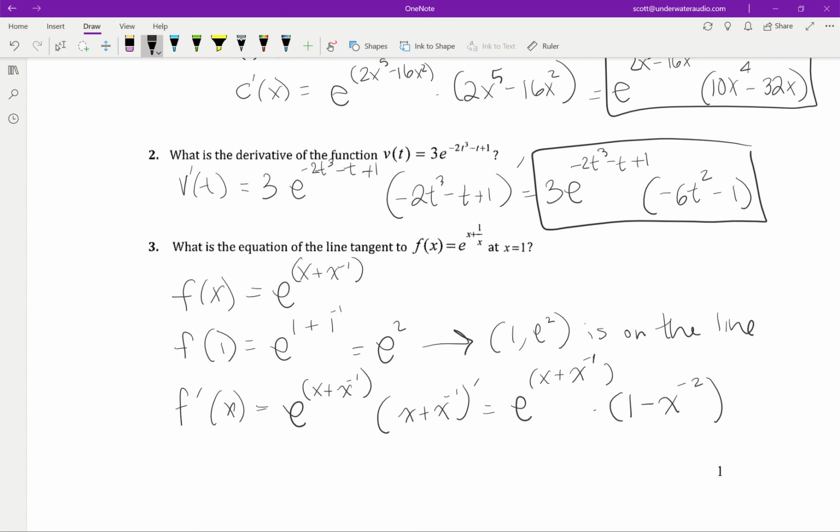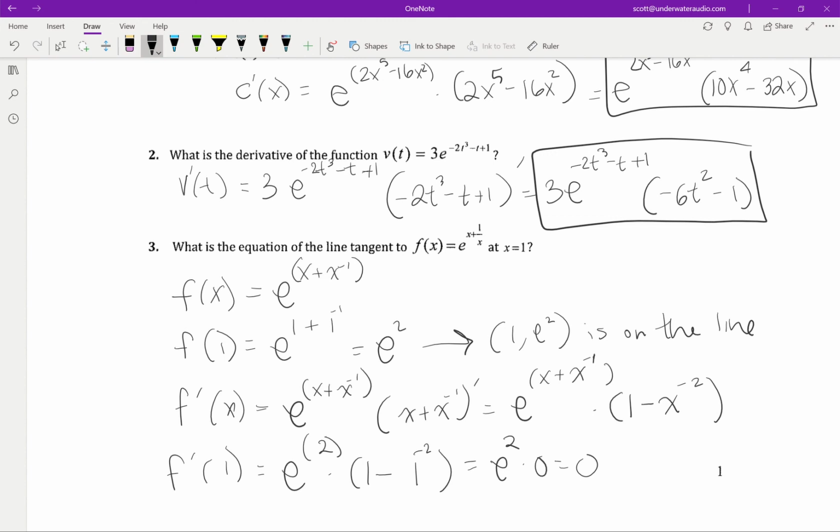So then I'll plug in 1, f prime of 1. So e to the, let's see, 1 plus 1 still, so 2. And then times 1 minus, 1 minus 1 to the negative 2 power. I think that's 0. So I get e squared times 0, or just 0.